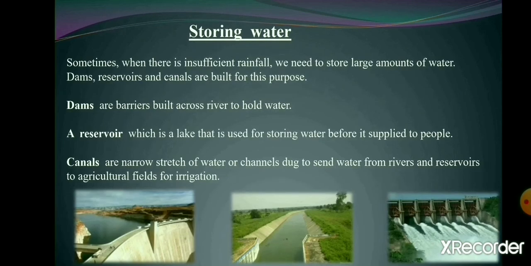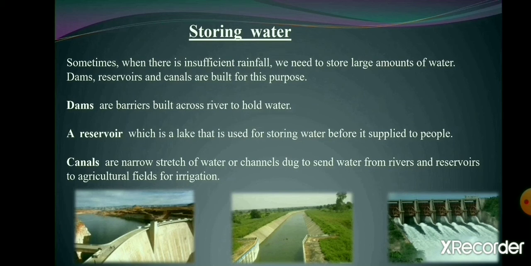Now we are going to study about the storage of water in large amount. Sometimes when there is insufficient rainfall, we need to store large amount of water. Since we do not get rain throughout the year, we need to store water in dams, reservoirs, tanks, and canals.